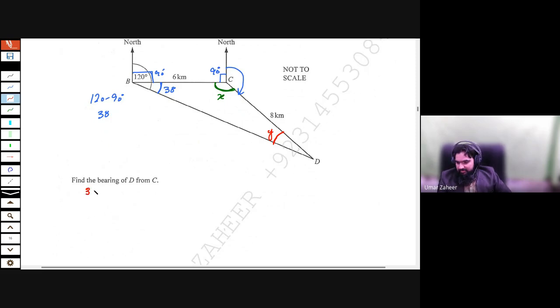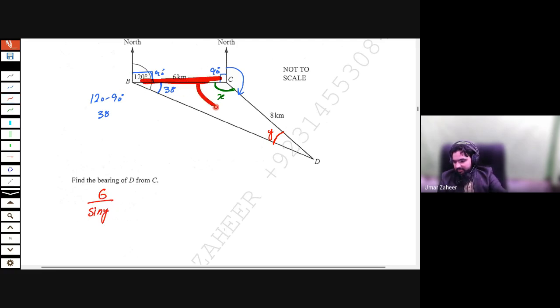So 38 divided by sine of y is equal to a complete set of information. We have to take the side, that is 6 kilometers, divided by sine of y.